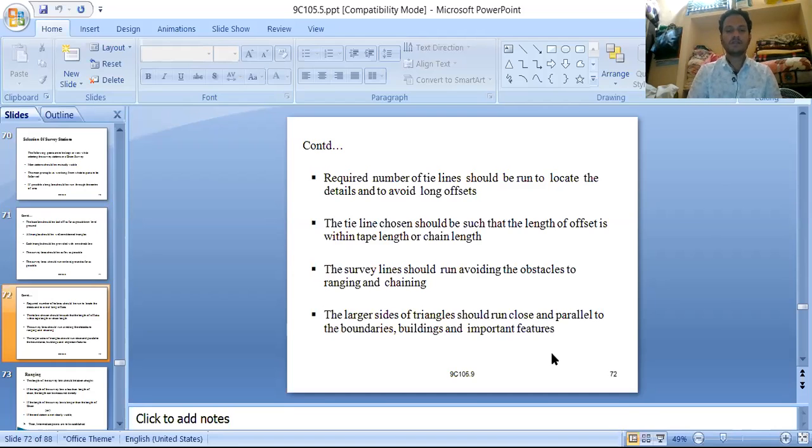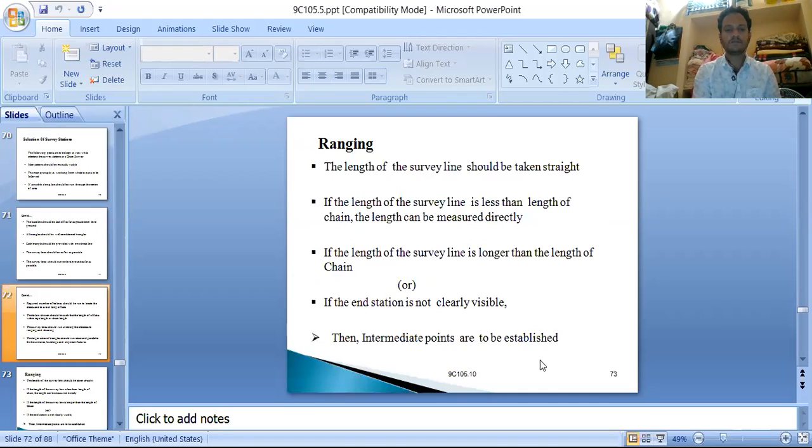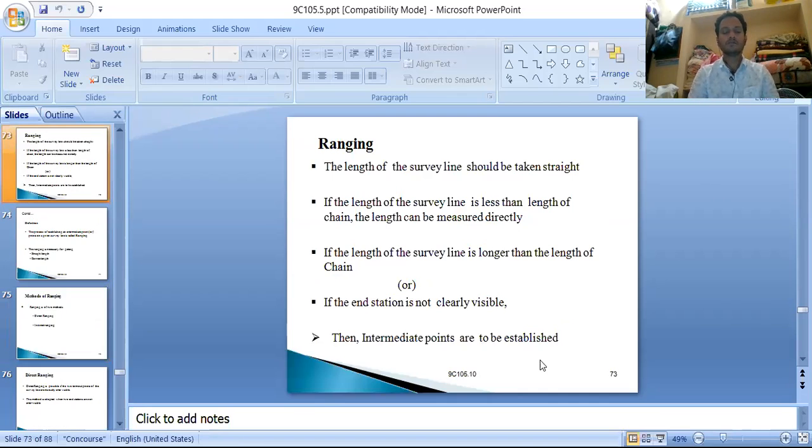The larger sides of triangles should run close and parallel to the boundaries, buildings, and important features. So those are the points which we have to remember while doing the chain survey.